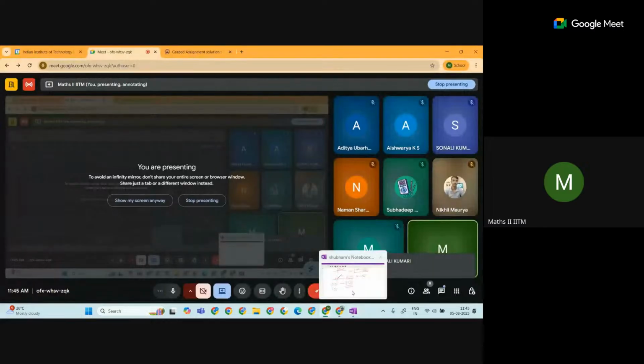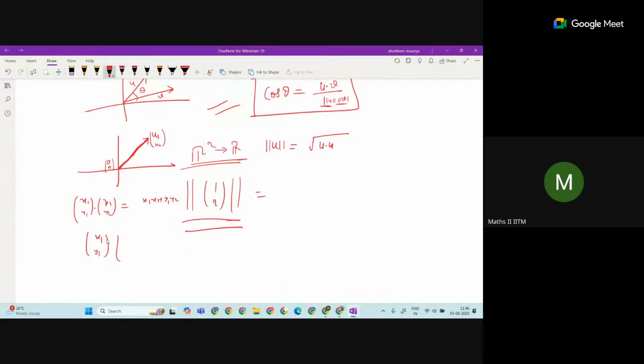Root 5, right? Because if I do the dot product of (x1, y1) with itself, let's say this is your u, this is going to be x1 squared plus y1 squared. So the root of 1 squared plus 2 squared is root 5. This is the norm here.